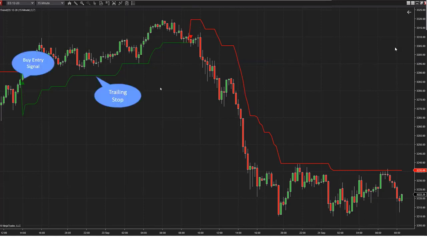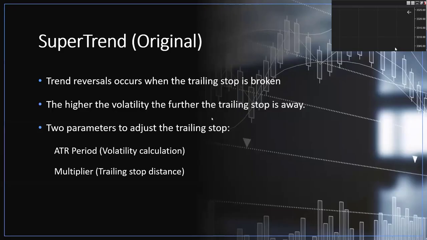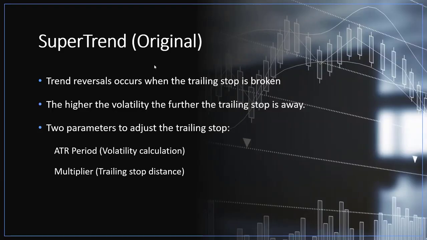So here we have the buy signals and the sell signals. Up here, this is our trading stop for long trades, and here the trading stop for short trades. A trend reversal, or a signal in the opposite direction, occurs whenever the trading stop is broken. The trading stop is actually a calculation and is based on two parameters.